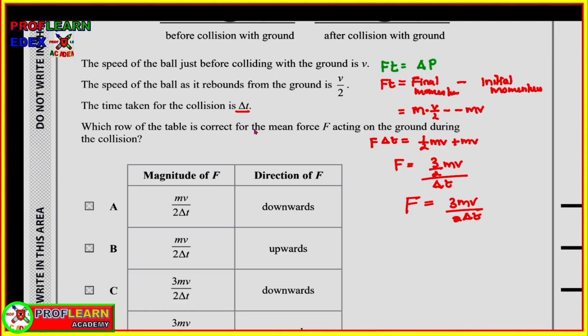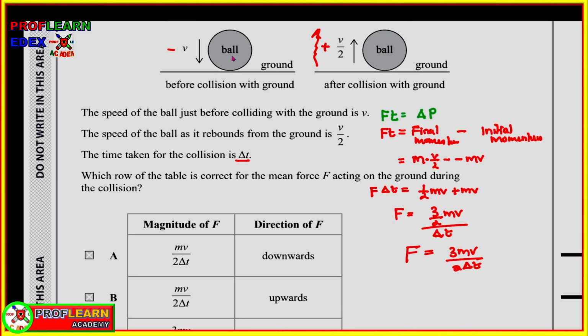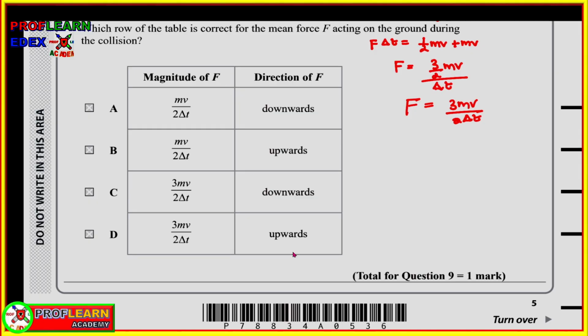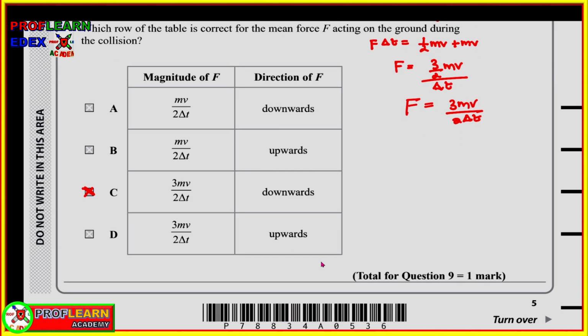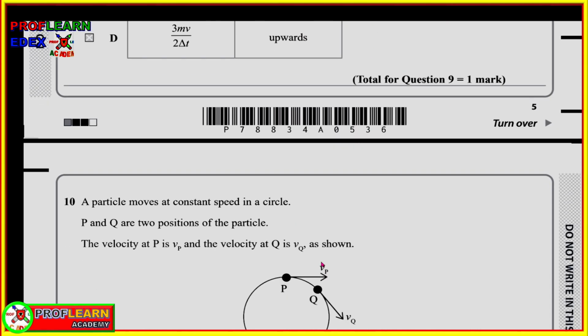Which row is correct for the mean force acting during the collision? During the collision, the ball is hitting downwards, so the force will be acting downwards, and we're going to say the correct answer here is C. So C becomes the correct answer for that.